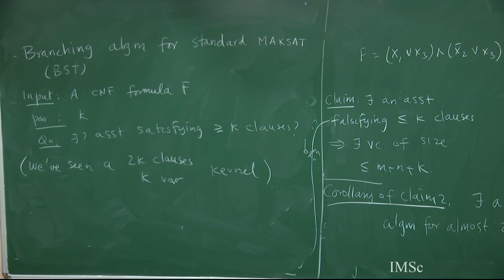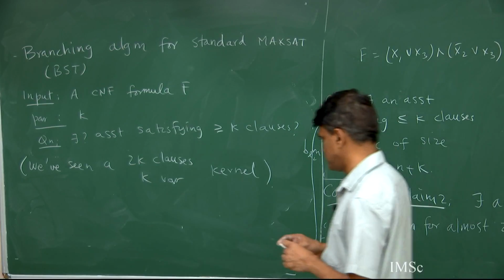So, you are given some CNF formula, I want to satisfy at least K clauses. Take one clause, okay. Branch with all.